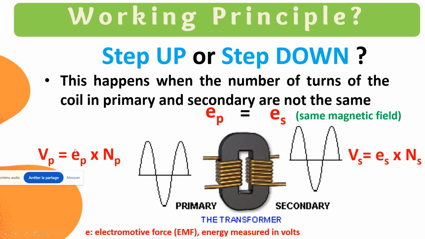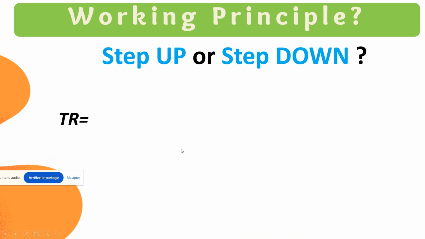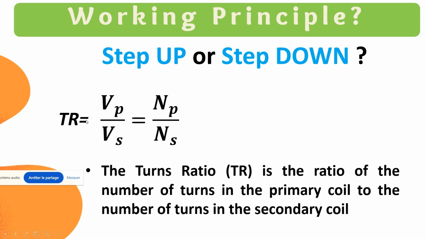Okay, and these equations allow us to define a new term, which is the turns ratio, which equals V, the voltage in the primary, to the voltage in the secondary, equals the number of turns in the primary to the number of turns in the secondary.